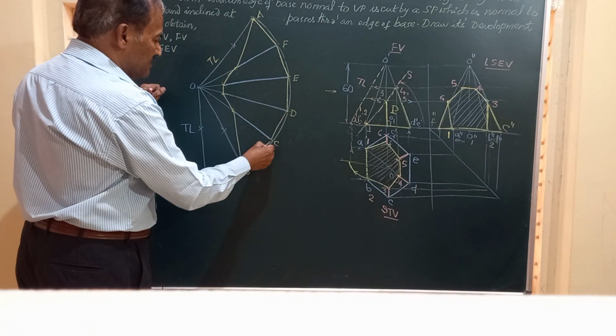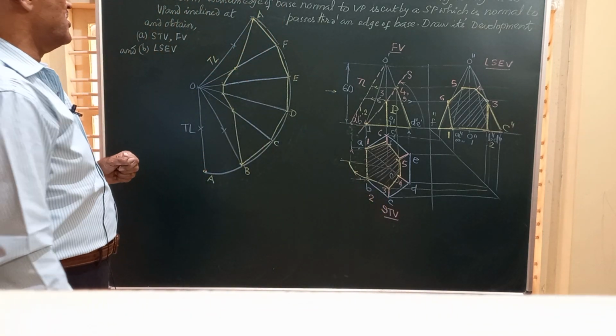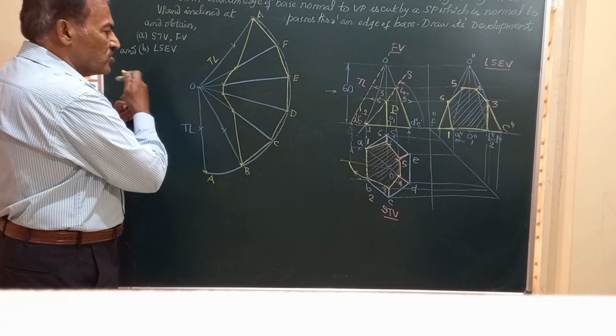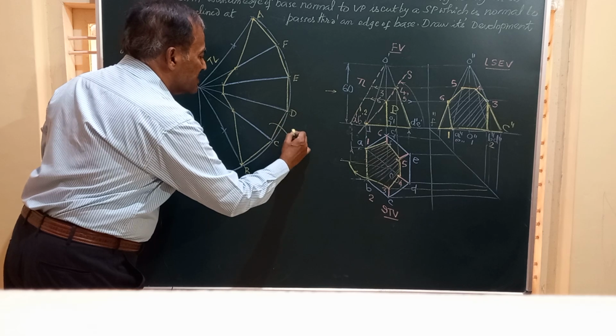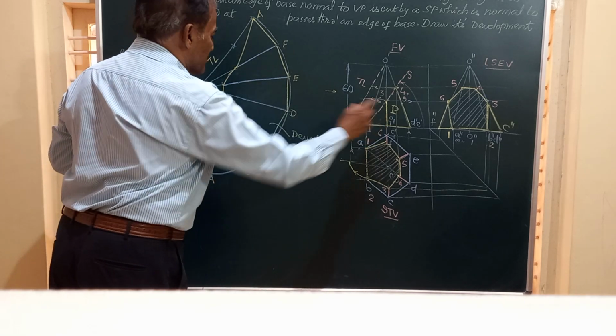And B and C is also available, BC is retained. Friends, here the portion above this is thrown out and this is retained, and we will say this is the development of P, where P is this part.